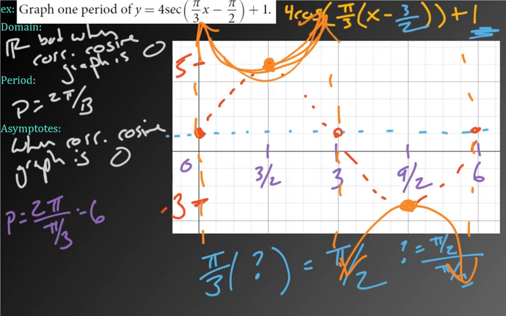So that is all I'm looking for to graph these things. You can obviously check any of these on Desmos when you work on homework problems, just to make sure that you understand it. But that's how you would graph secant of pi over 3 times x minus pi over 2, all that stuff plus 1.